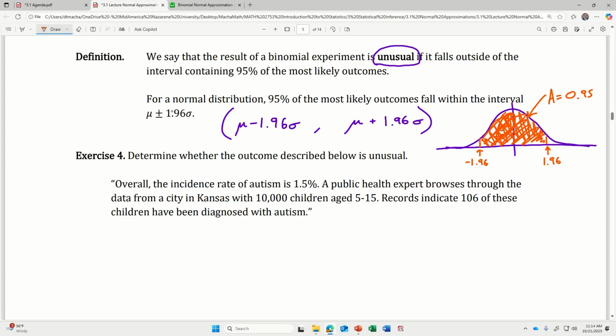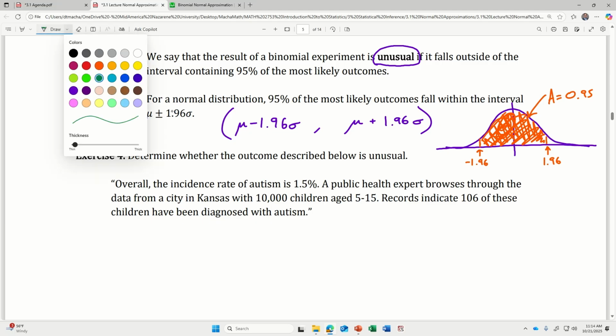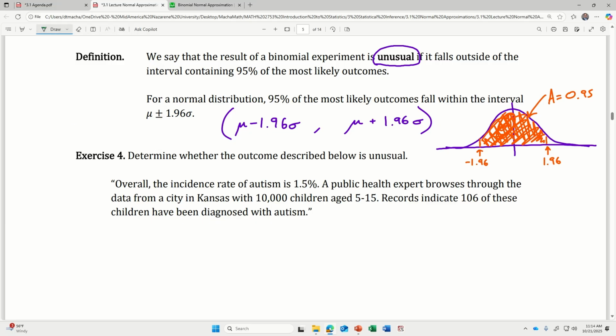So I can give you a question like exercise 4 here, and I could ask you, determine whether the outcome described below is unusual. Is this supposed to be 95 or 96? 1.96. That's the number. Yep, I can show you.